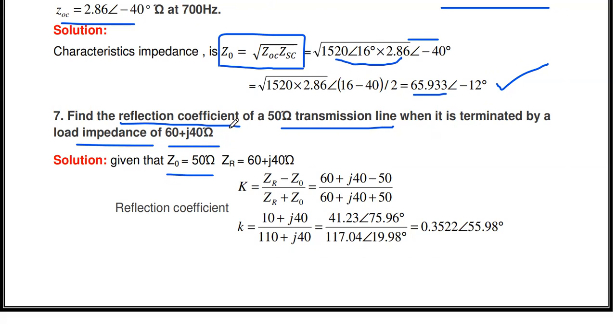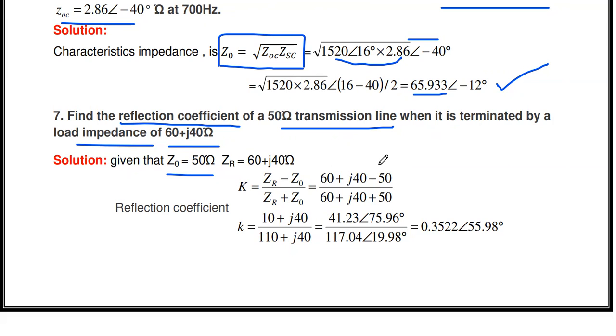The question is to find the reflection coefficient. What is the formula? We already discussed the reflection coefficient in the previous video. The reflection coefficient K equals ZR minus Z0 divided by ZR plus Z0. You simply substitute the values: ZR is 60 plus J40 minus Z0, which is 50, divided by 60 plus J40 plus 50.